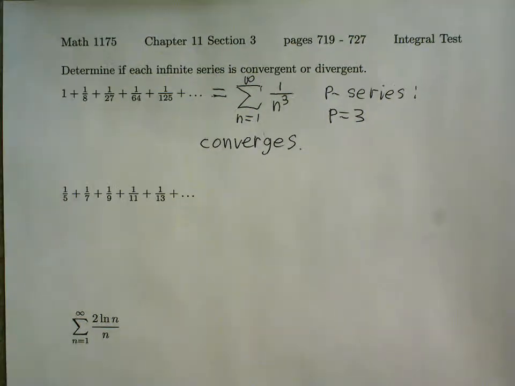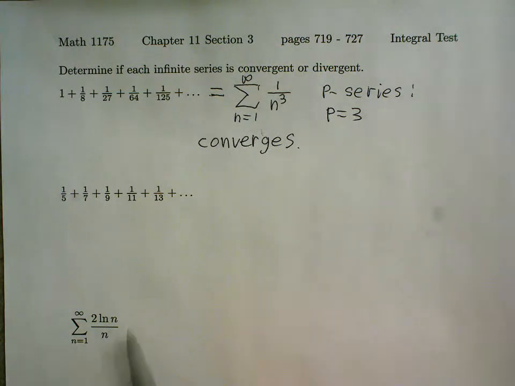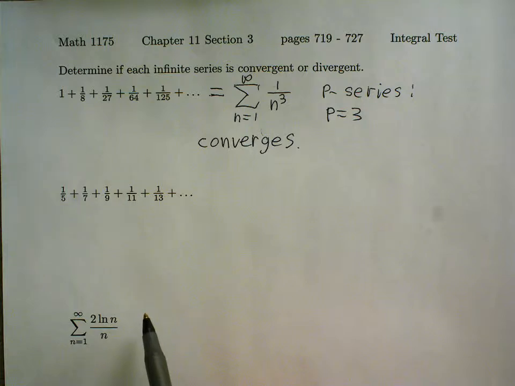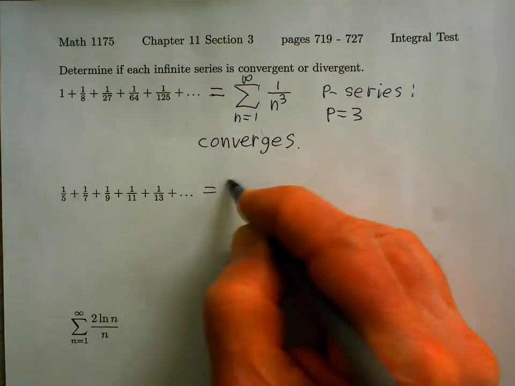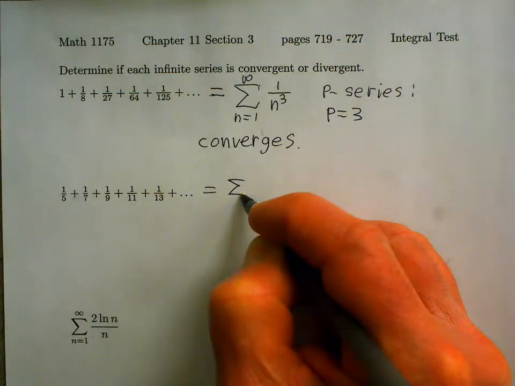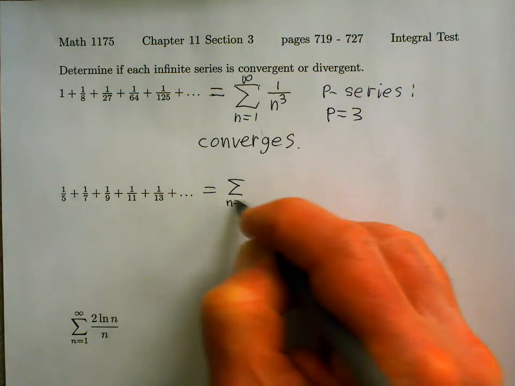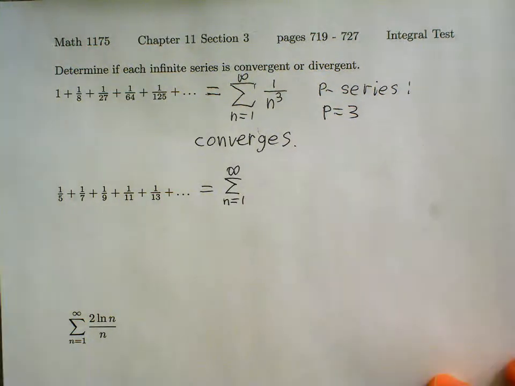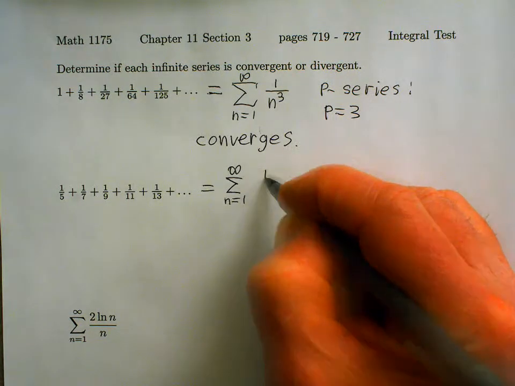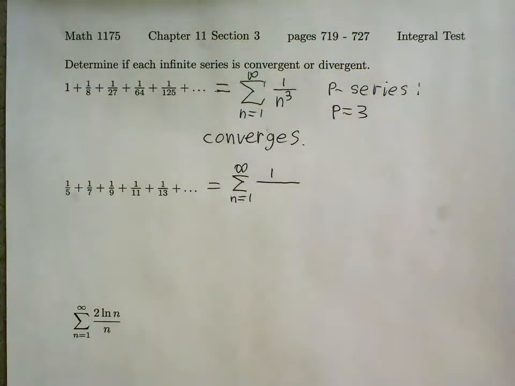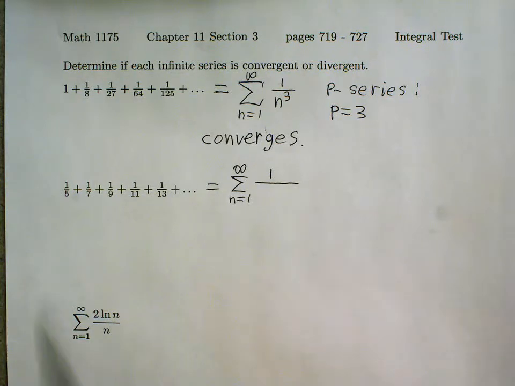Okay, the next one, 1/5 plus 1/7 plus 1/9 plus 1/11 and so on. In sigma notation, starting at n equals 1 and going to infinity, the numerator is 1. So how do we determine what the denominator is?